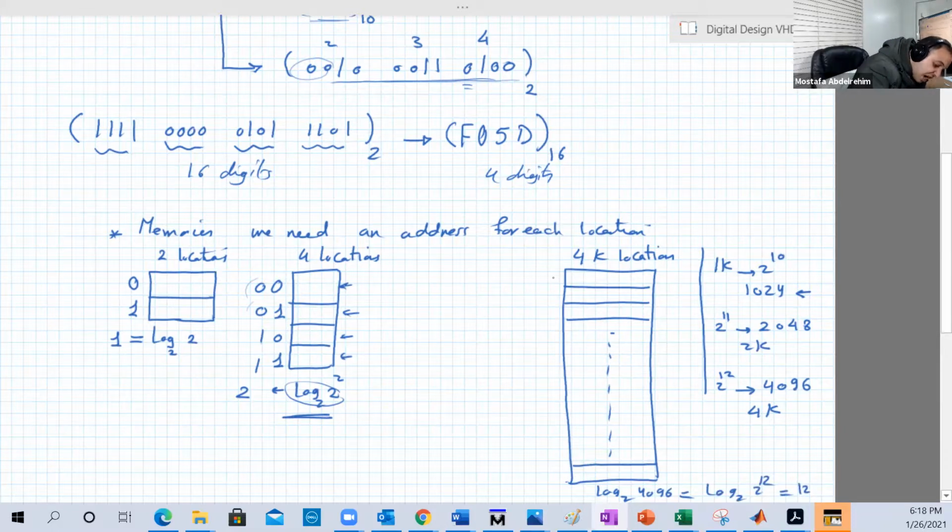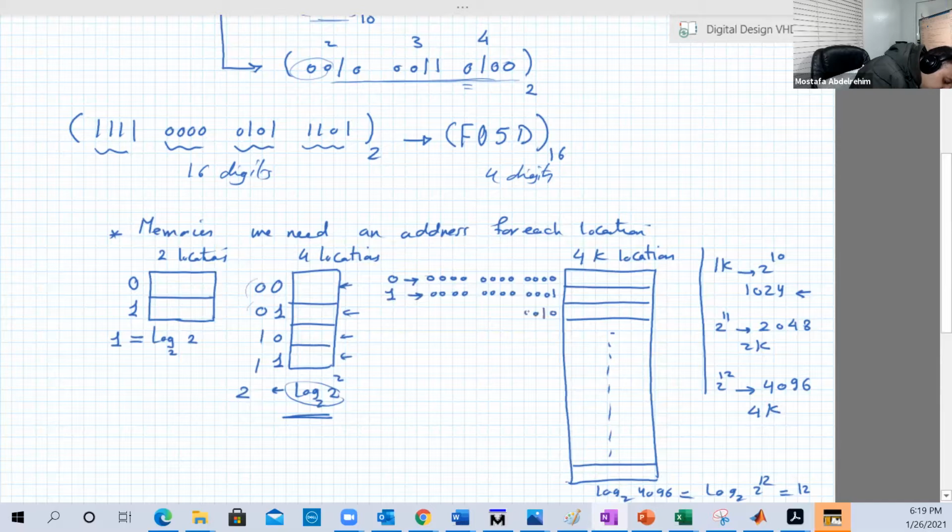So this first location will be twelve 0s, 12 bits. If we convert this number to decimal, it's just 0. And you just continue. For example, the second location here is eleven 0s followed by a 1. And this is just 1.